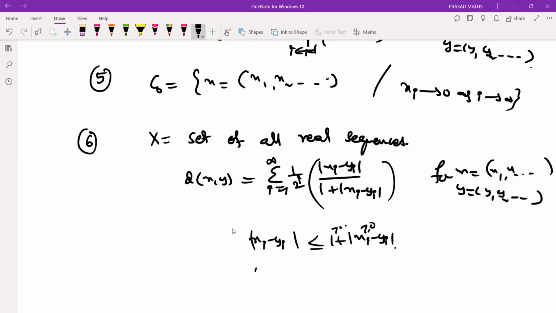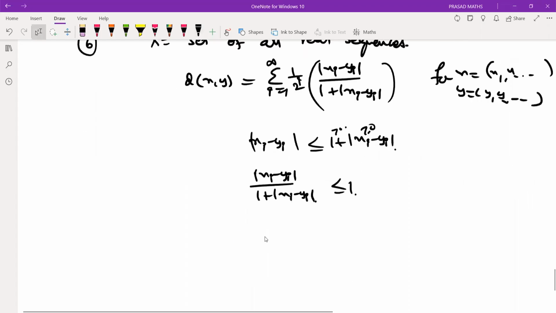Therefore, mod of xi minus yi by 1 plus mod of xi minus yi is less than or equal to 1. This is true for every i. Now multiply with 2 power i; this is a positive real number, so the inequality doesn't change. By the comparison test, this is convergent, as you know that the geometric series is convergent.